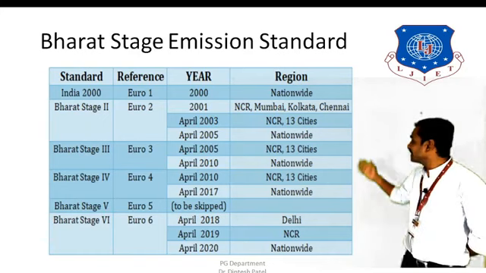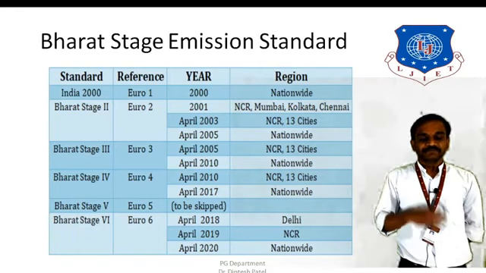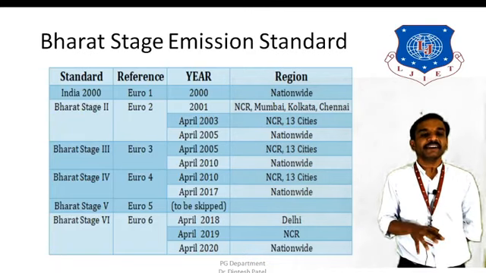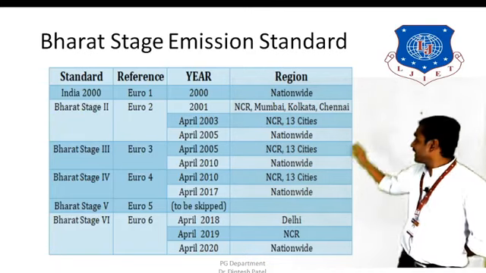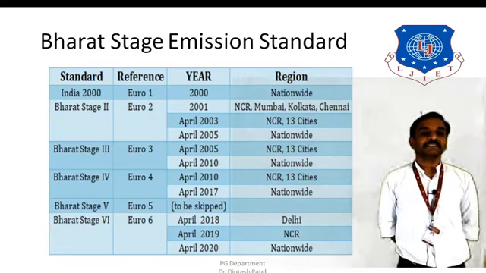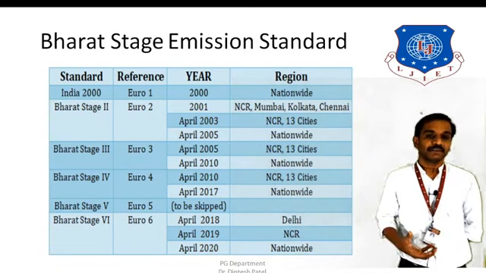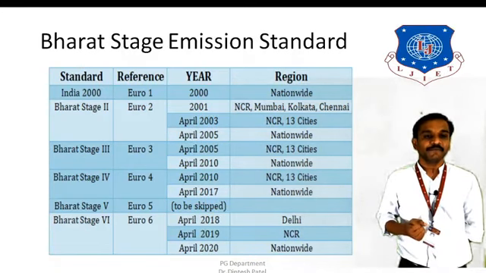So the Bharat stage emission standard has been derived from the Euro standard from Europe, and it was initially set in the year 2000. So it was implemented in year 2000, and the reference was Bharat stage 1 or India 2000, and that was derived from Euro 1.